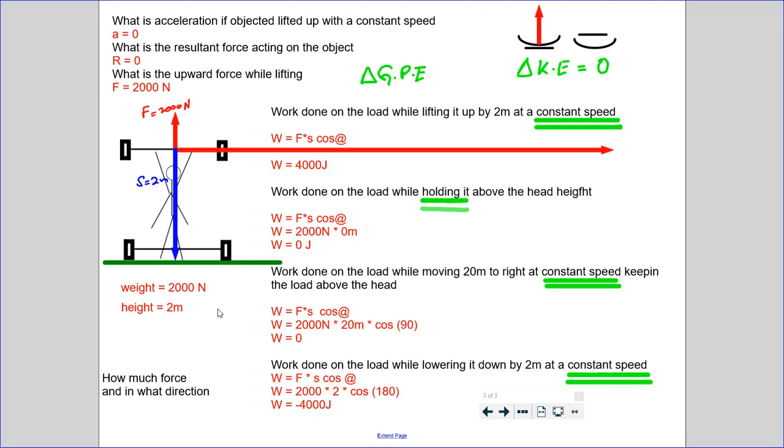So mg is 2000. So first of all, when the load is on the ground, what's the potential energy at the ground? GPE, when the load is at the ground.